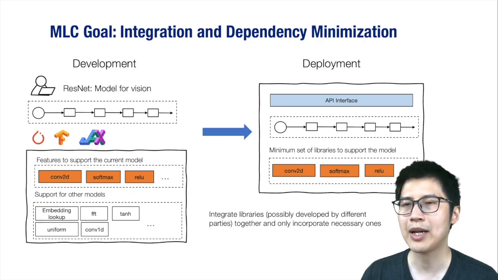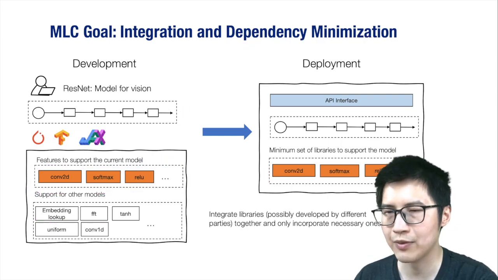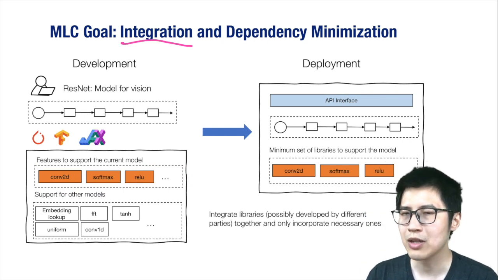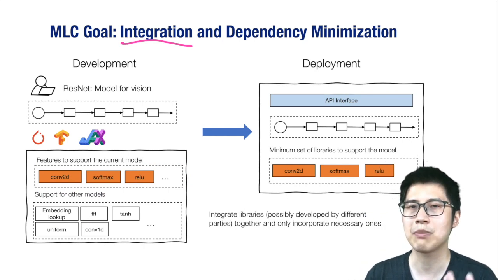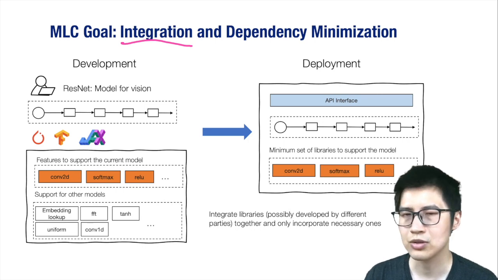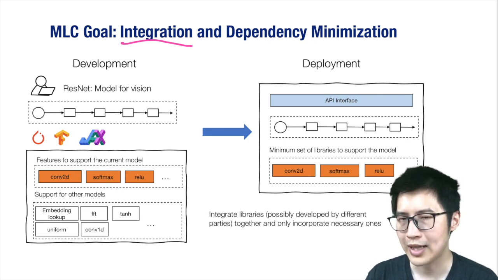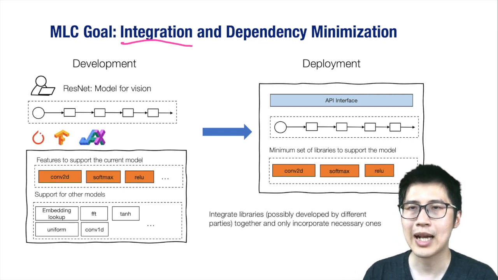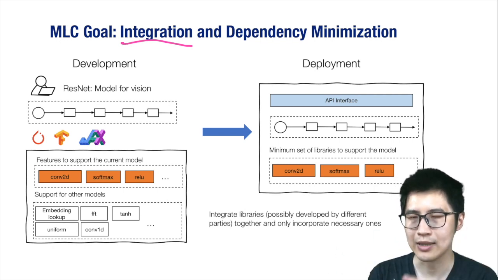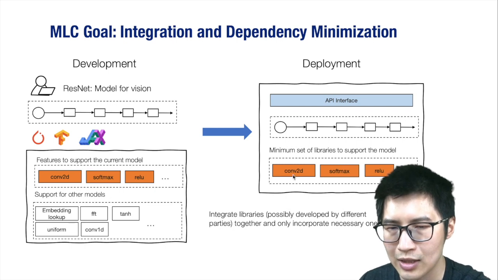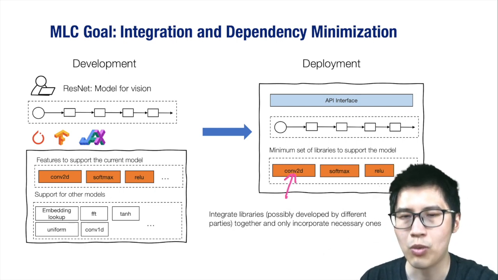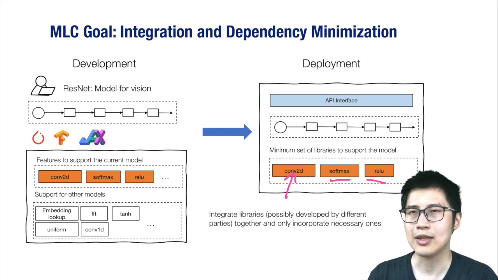Besides dependency minimization, there's also this perspective of integration. This is because in a lot of cases, for example, if you want to deploy models onto devices like mobile, we might need to leverage libraries and solutions from different parties. For example, this two-dimensional convolution could be implemented by one team of engineers, while the softmax and the ReLU could be implemented by another engineering team.